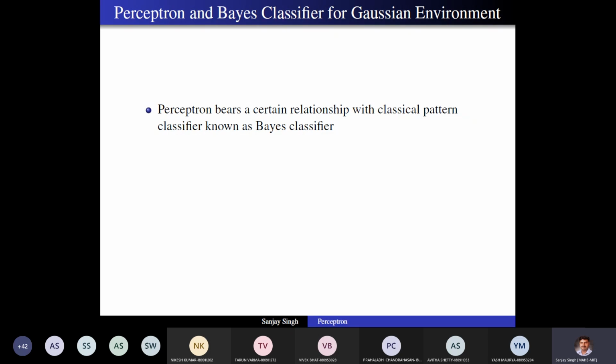Now the question comes, can I use Bayes classifier for the Gaussian environment, where the data set follows the Gaussian distribution? If that is the case, then it has been found that a Bayes classifier starts behaving like a linear classifier, which is nothing but a perceptron, but under the Gaussian environment condition only.